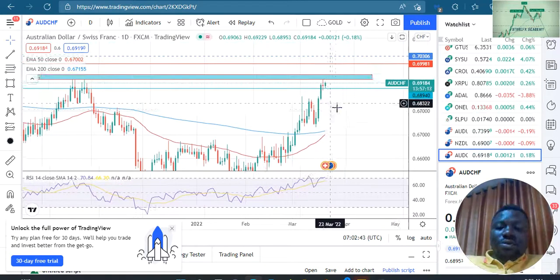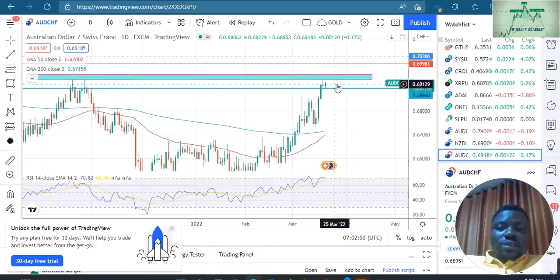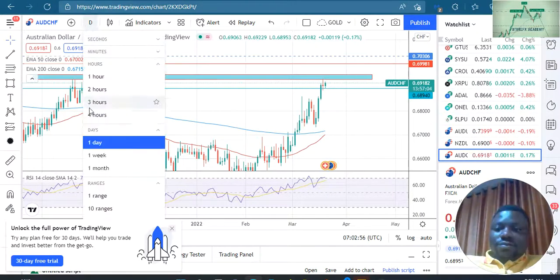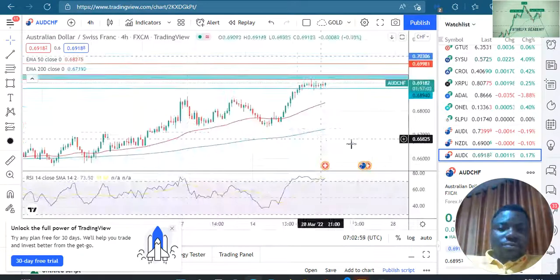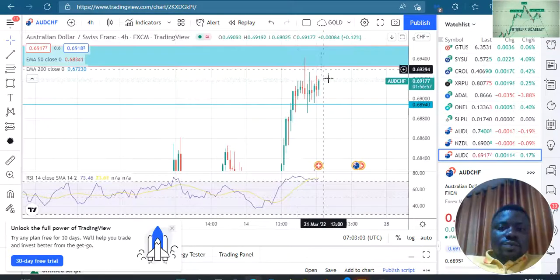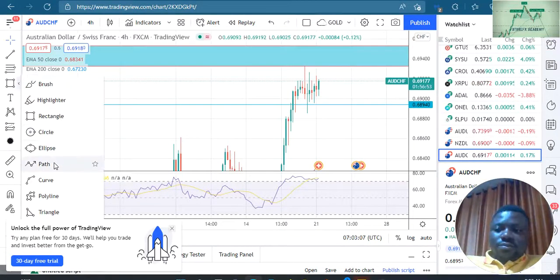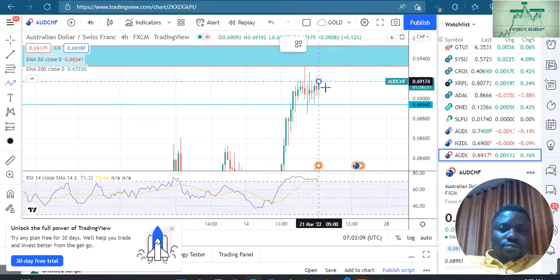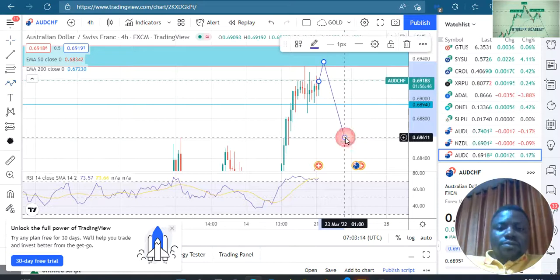So what we'll do now is, let's see this bullish candle as it is. There's possibilities that it retests this price level, then drops.